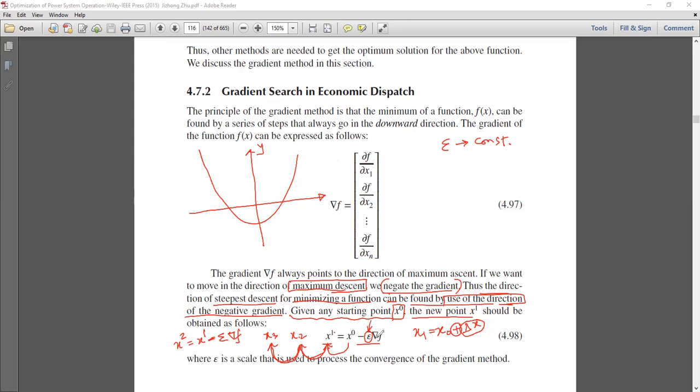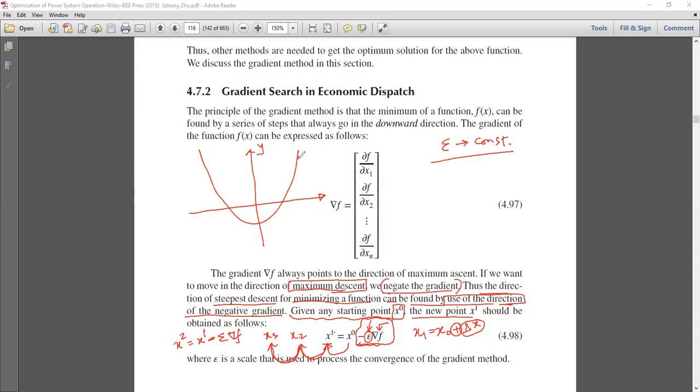Another way: keep epsilon constant and see whether del f itself is variable or not. If del f keeps changing in each iteration from one value of x to the next, then we don't have to bother about varying epsilon itself. We can keep epsilon constant and check whether del f is constant or varying. If it is varying, then the whole thing would vary in each iteration.